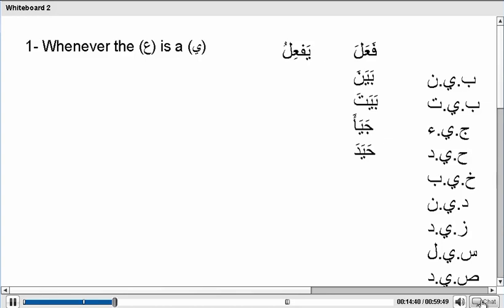And the kha and the ya and the ba is going to be khayaba. أليس كذلك? And the dal and the ya and the noon is going to be da, ya, na. واضح? Are you with me?